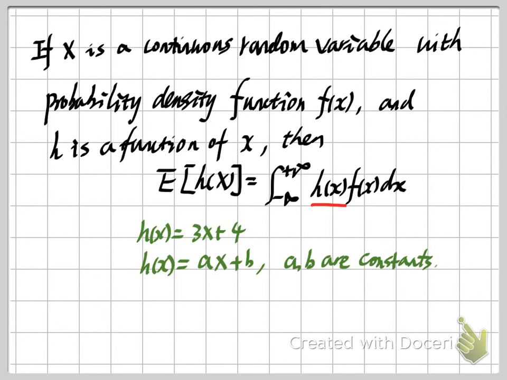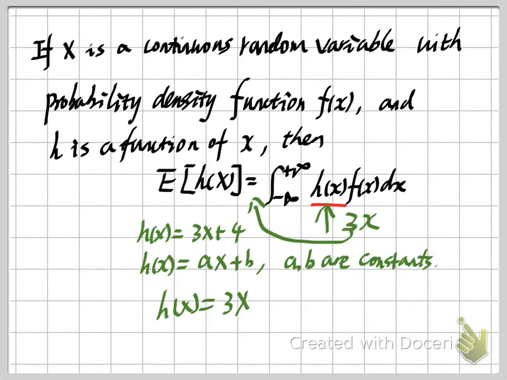You don't need to compute this integral again, because when h(x) equals 3x, we just plug 3x into this integral, and then by the linearity property of the integral, we move the 3 outside of the integral.